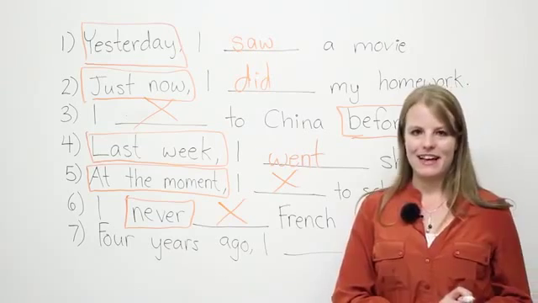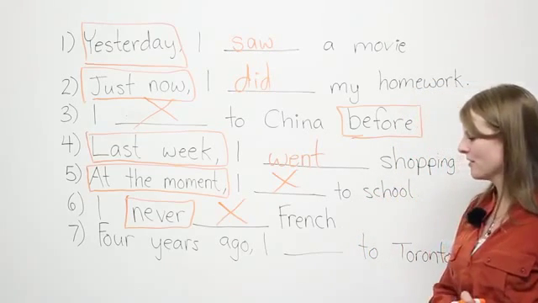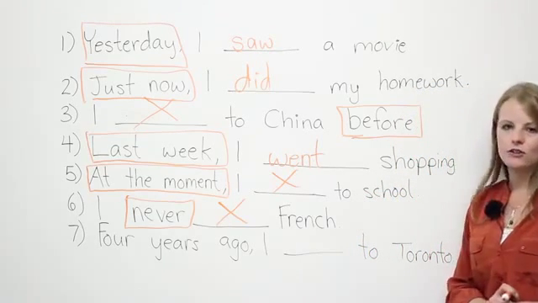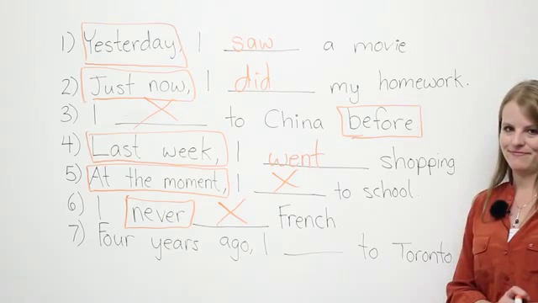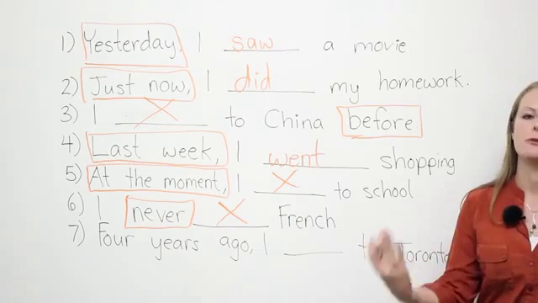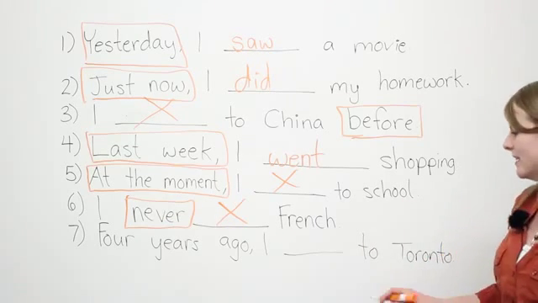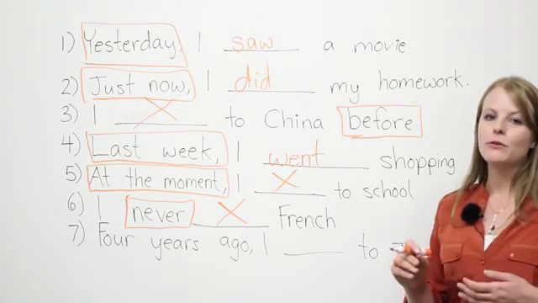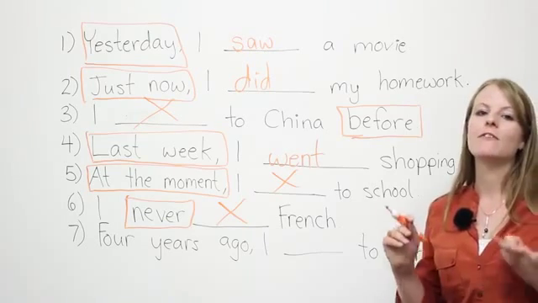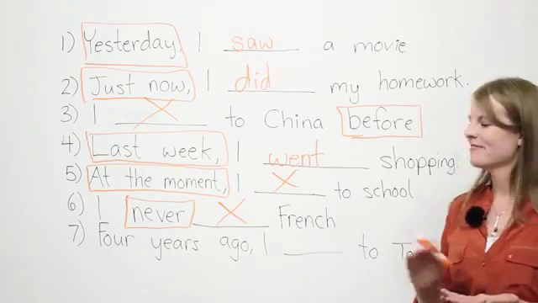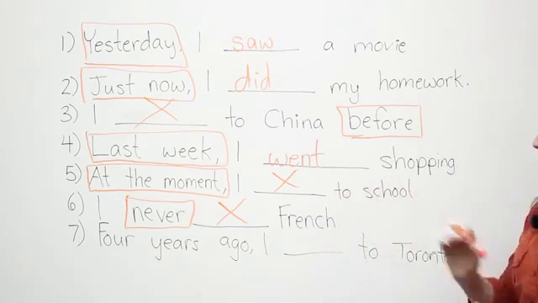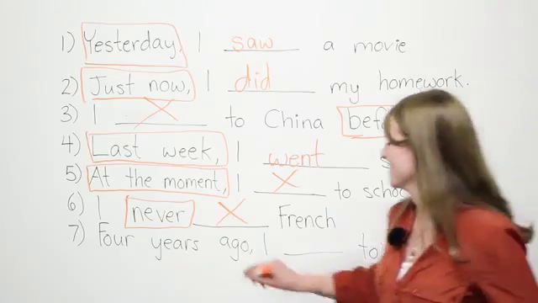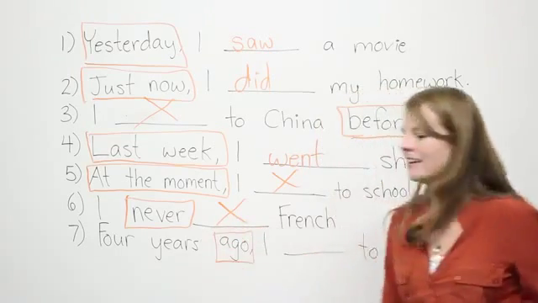Number 7, last one. 4 years ago, I to Toronto. So we'll say the verb is move. Do you think it's I moved to Toronto, or I have moved? What is our clue here? Can you find the clue? Ding, ding, ding, ding, ding.